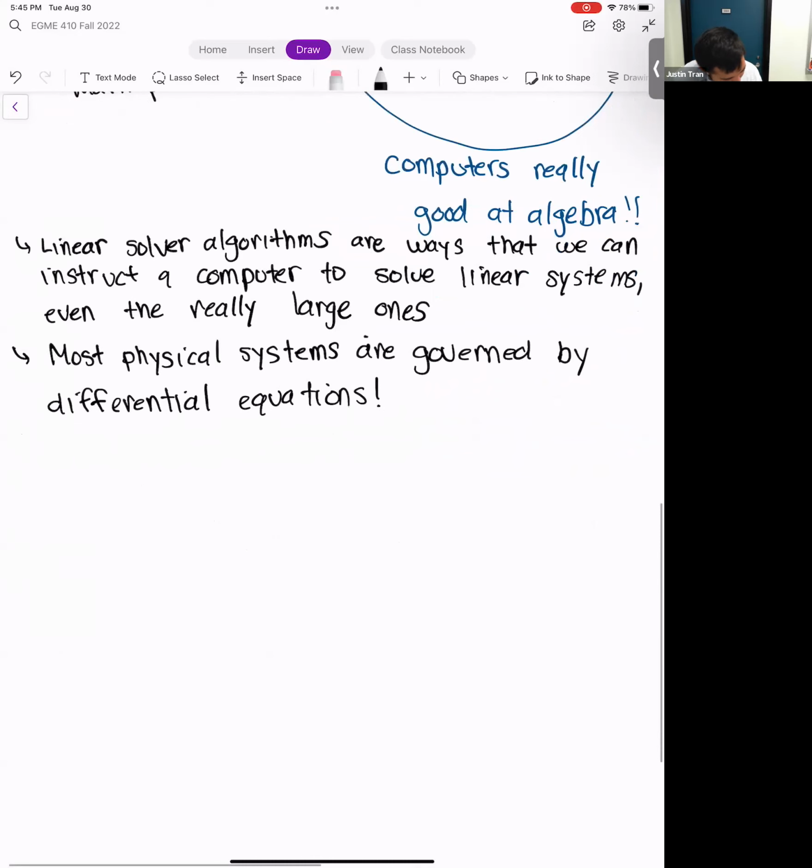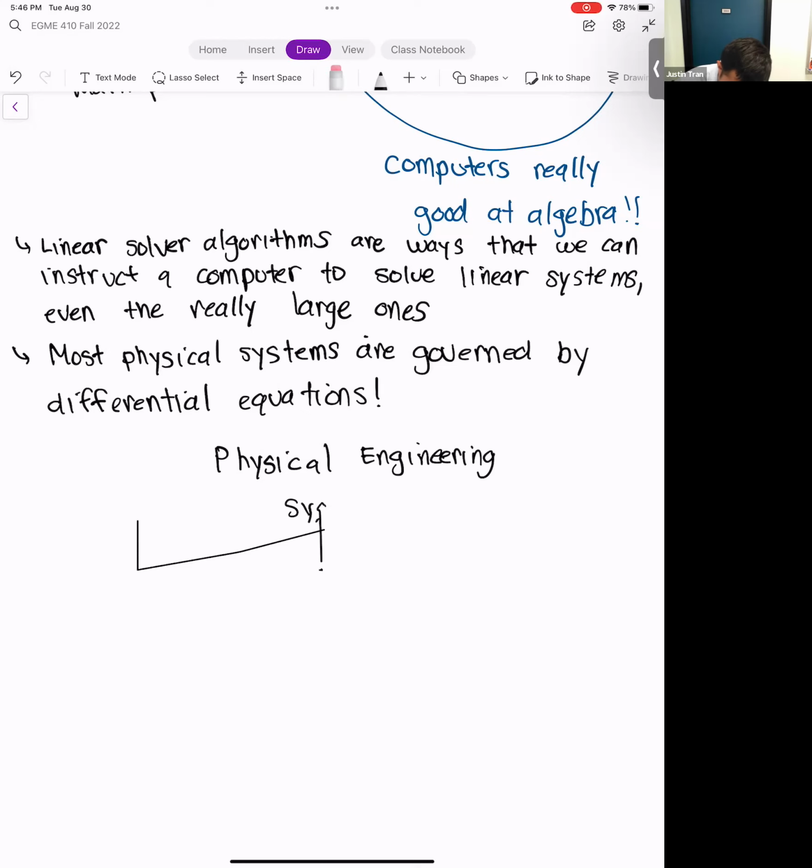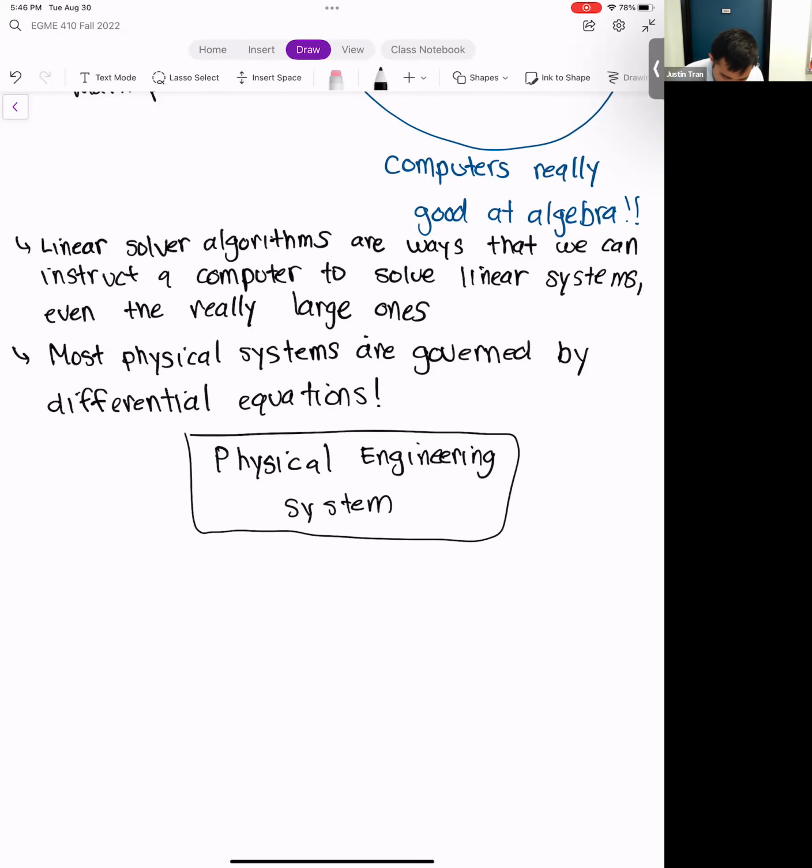Okay, so I can draw it into a flow chart. As a flow chart, we often start with some physical engineering system. From here, we can extract the governing differential equations.